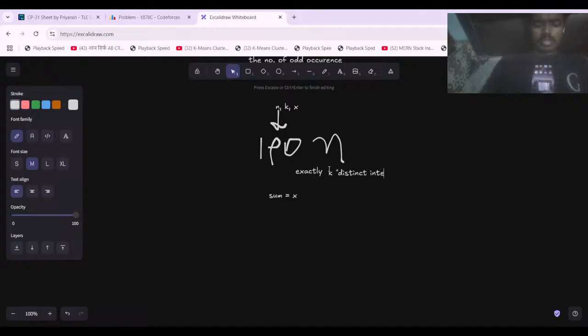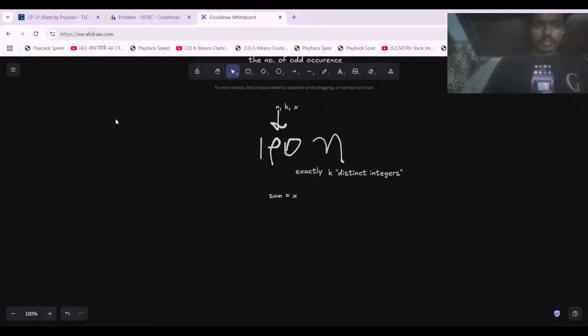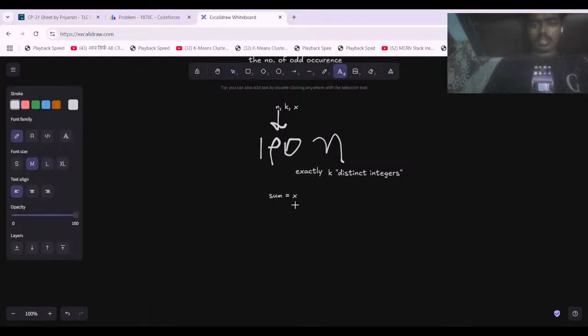So right, this is the condition. Now what is the meaning of this? Let's take a small case. Let's say n is equal to 5, k is equal to 3 and x is equal to 4.